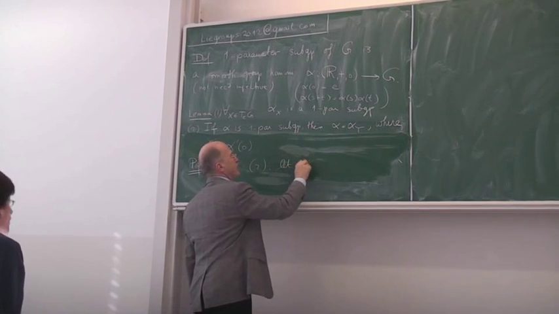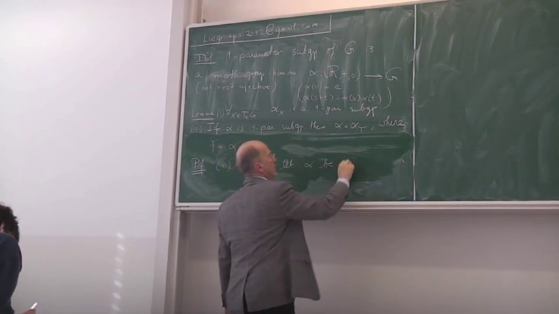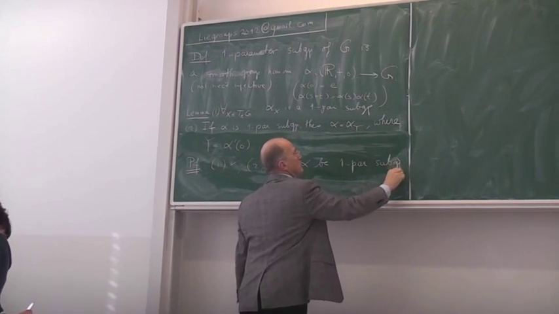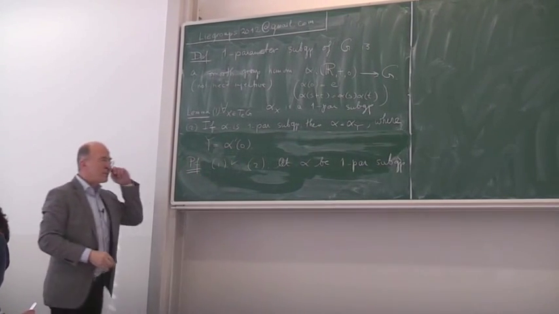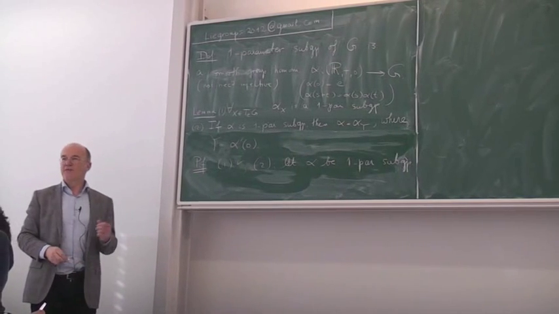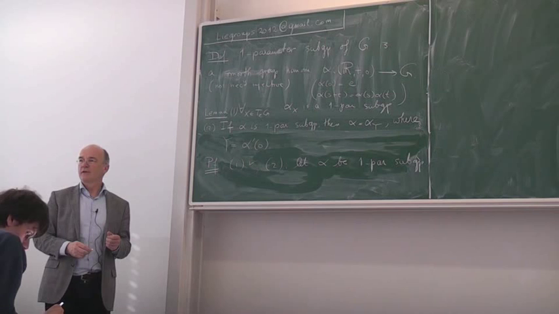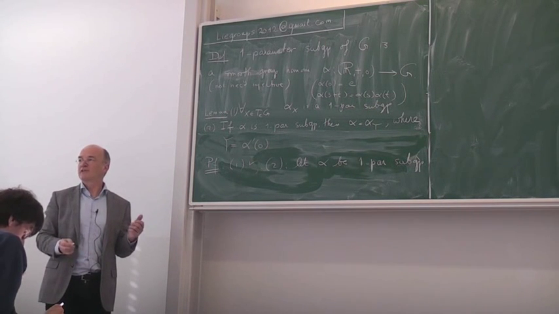Let alpha be a one-parameter subgroup. Now to show that alpha is the maximal integral curve of a left invariant vector field, I have to say something about the derivative of alpha.